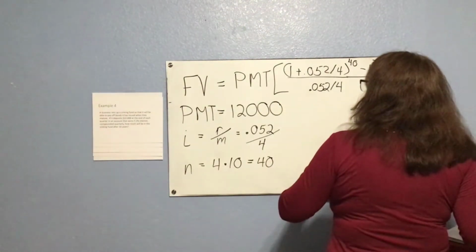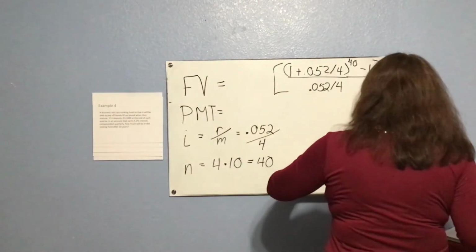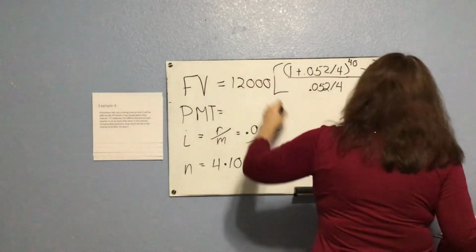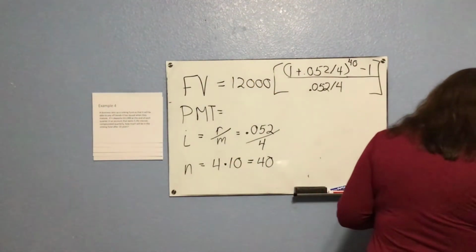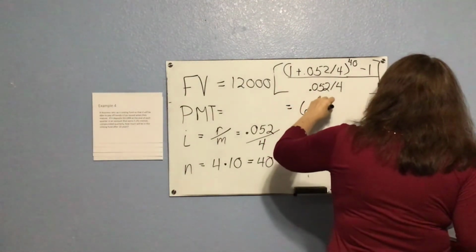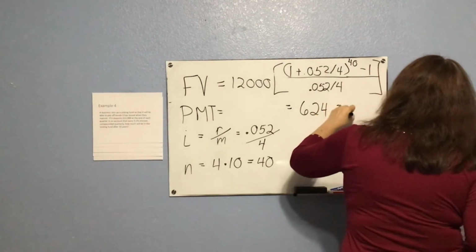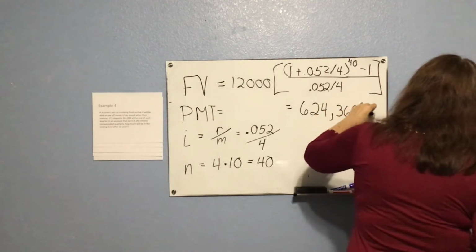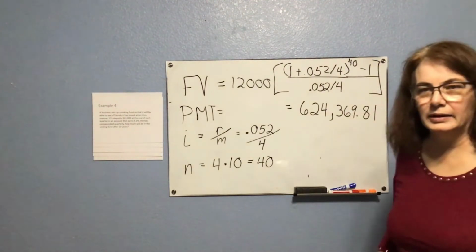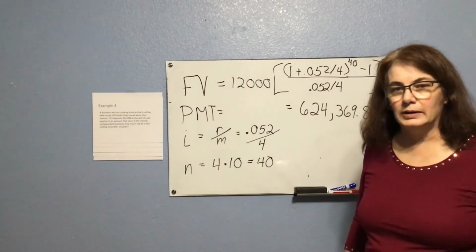And so when we work this all out, let's put the 12,000 in here, and we get a future value of $624,369.81.